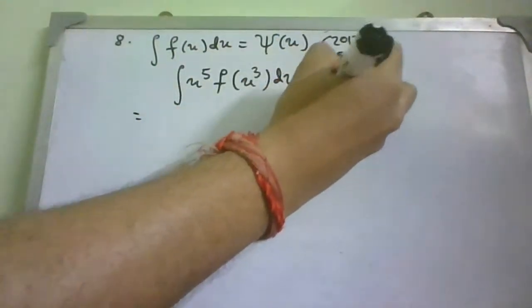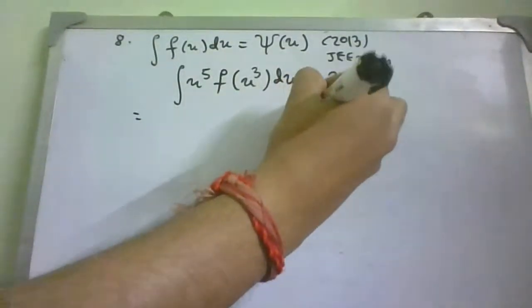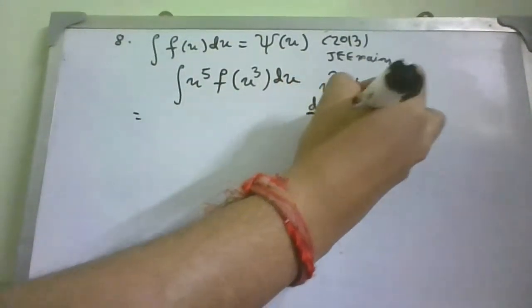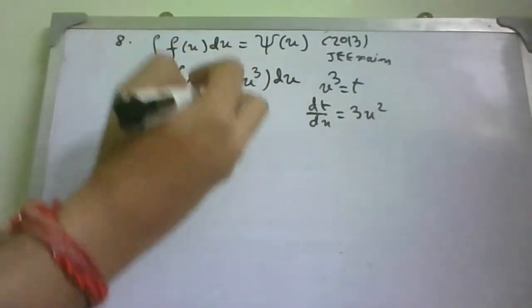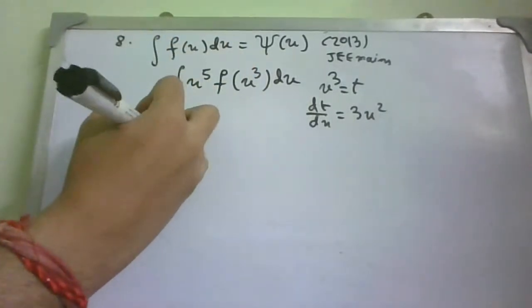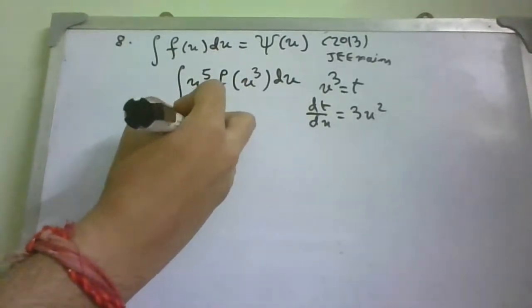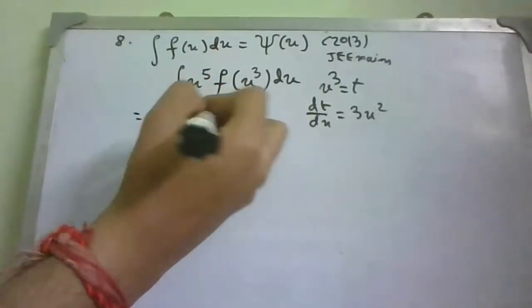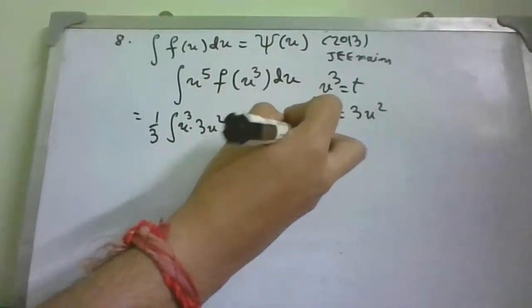If we assume that x cube is some t, then dt over dx is 3x squared. Okay, so we have plenty of x over here, so let's try to do something with this. So it's 3x squared times x cube times f of x cube dx.